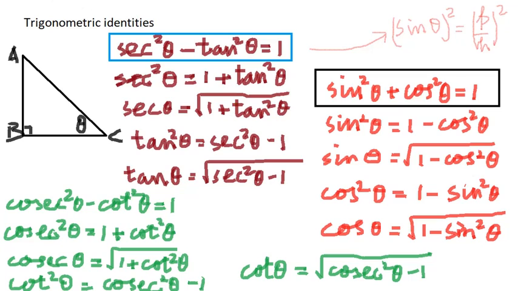So the basic one in this set is this one, cosec squared theta minus cot squared theta is equal to 1, and we have 4 identities that have been derived from this.